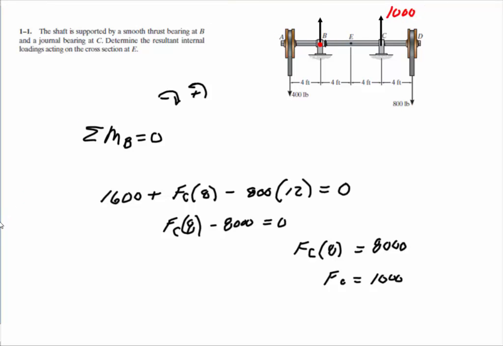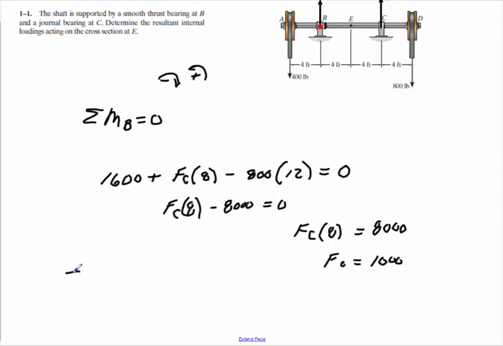Okay, at this point, all you have to do is sum your forces in the y direction, set that equal to 0. You got minus 400 coming down. You got FBY going up. Plus 1,000 going up, which is the loading at C. Minus 800 coming down.